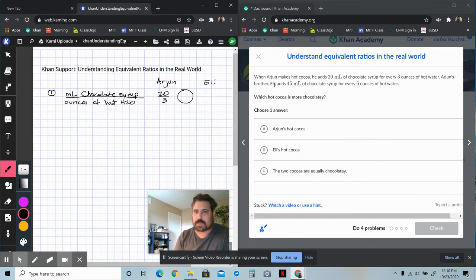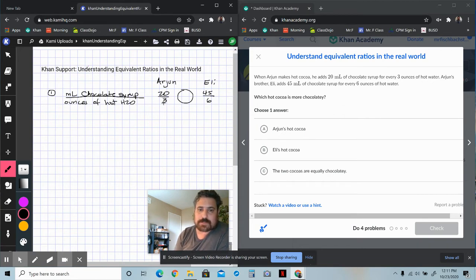Eli has 45 milliliters for every 6 ounces. So these are the two ratios that you're comparing. And you're basically asking which one's more chocolatey, so which one has a higher ratio of chocolate syrup to water, right?